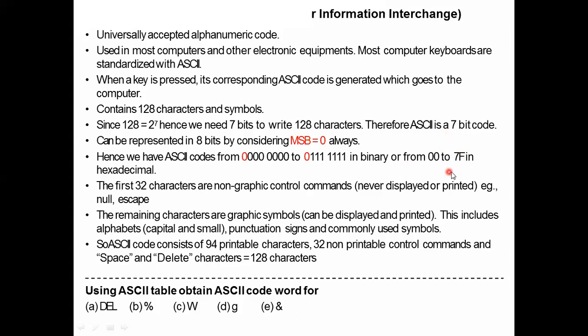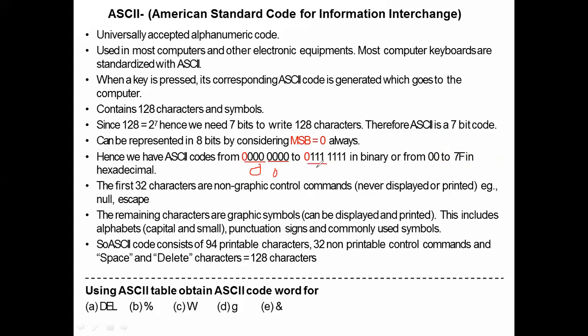How to get 00 to 7F? 00 means, see here, the least number. So 00. This will be 0. This also 0. 4 digits will be considered 0. Then 0, 1, 1, 1.